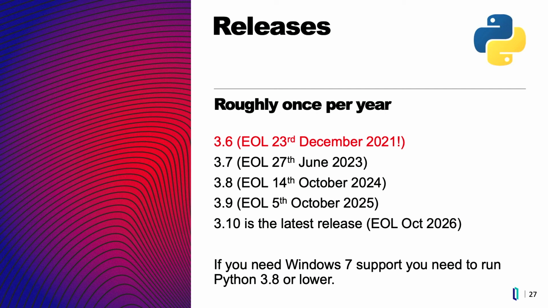We are building against 3.9 right now. If you need support for Windows 7, that's the little mark here below, you have to target Python 3.8 or lower. So that's the one thing to keep in mind. If you're targeting 3.9 or higher, then you're Windows 10 or up. So that's something you have to keep in mind.